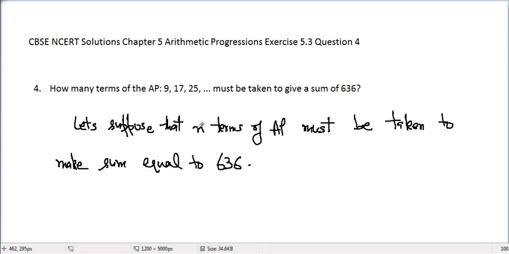Basically we have supposed that n terms of this AP make the sum equal to 636, and we need to find the value of n, which is the requirement of this problem.